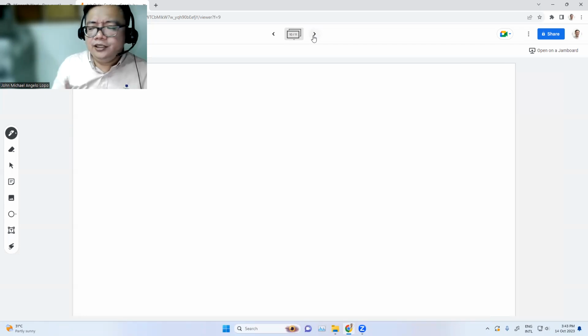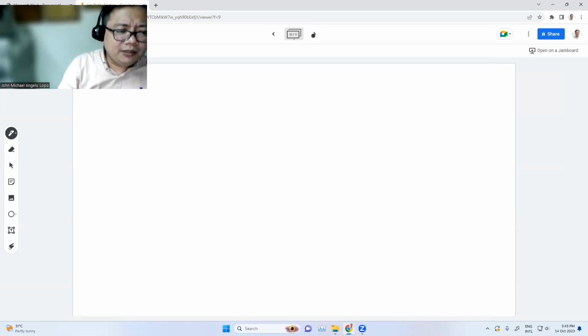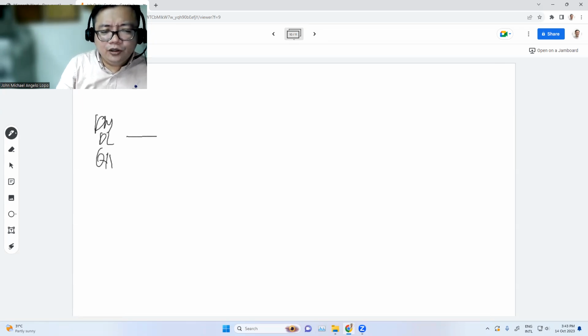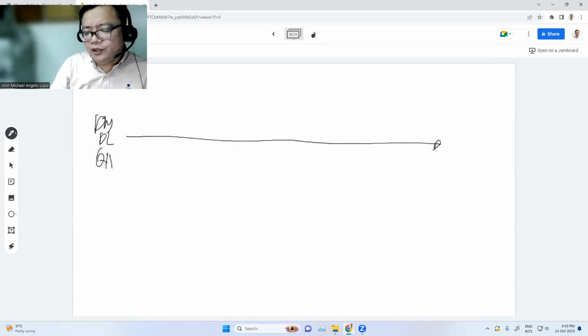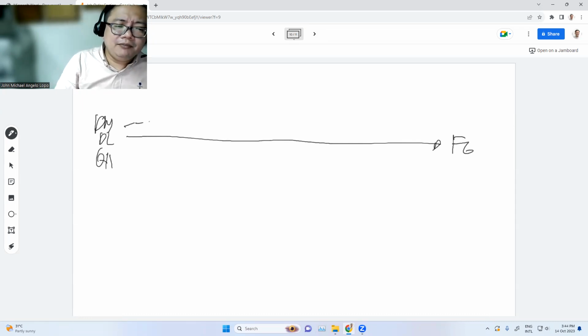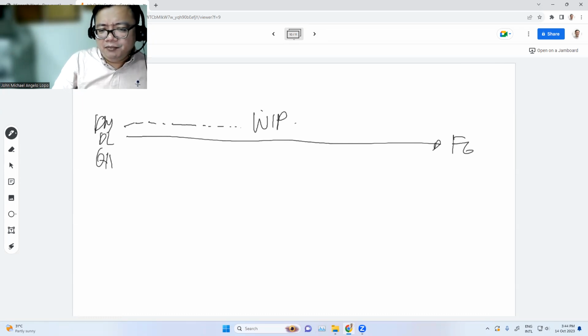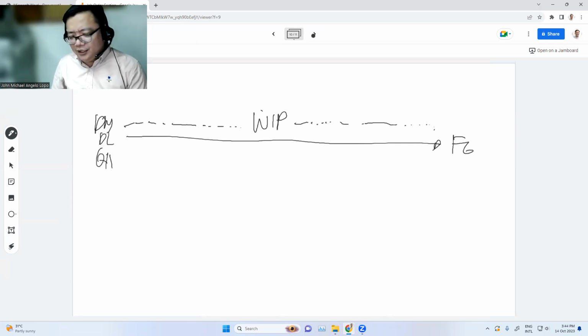To summarize everything, again, your direct materials, your direct labor, and overhead are all to be part of our finished goods. But there are times when it is not yet finished, so it is called work in process. When it is finished, of course, you transfer it to finished goods inventory.